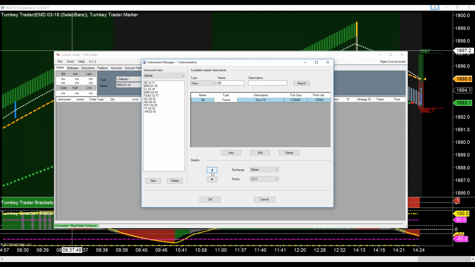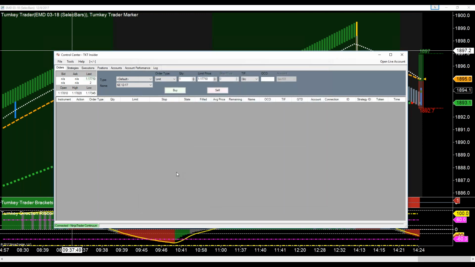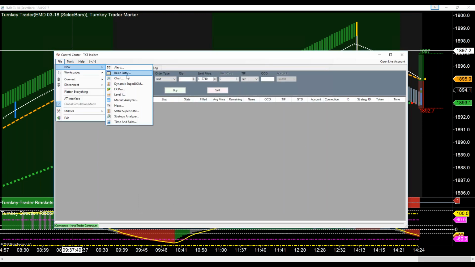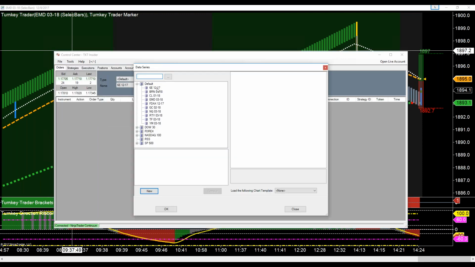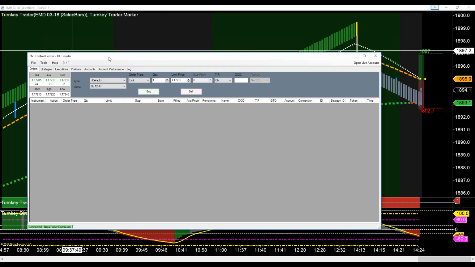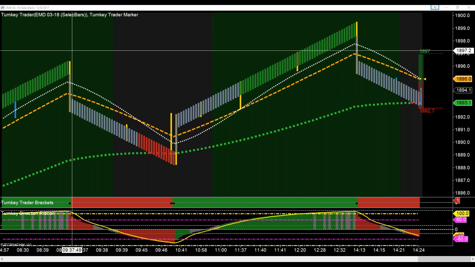We'll just go ahead and take a look at the 6E. It's been a minute since I've actually looked at it. Oh, there we go. And we'll see if this is how I remember. Just give me one second, guys.